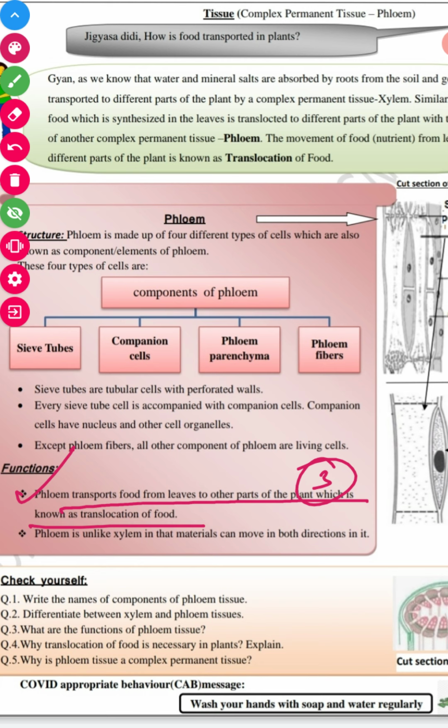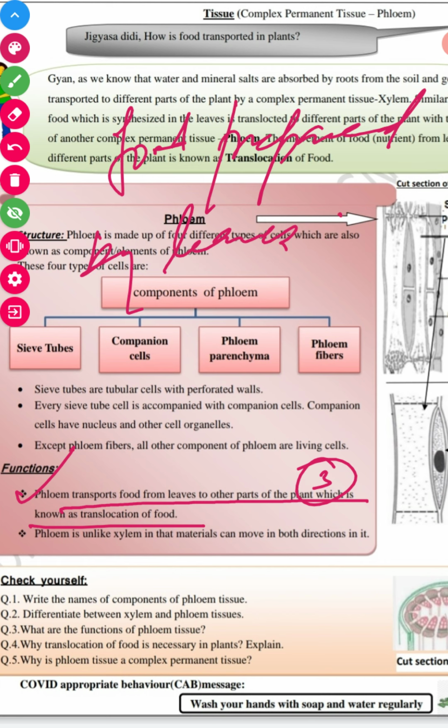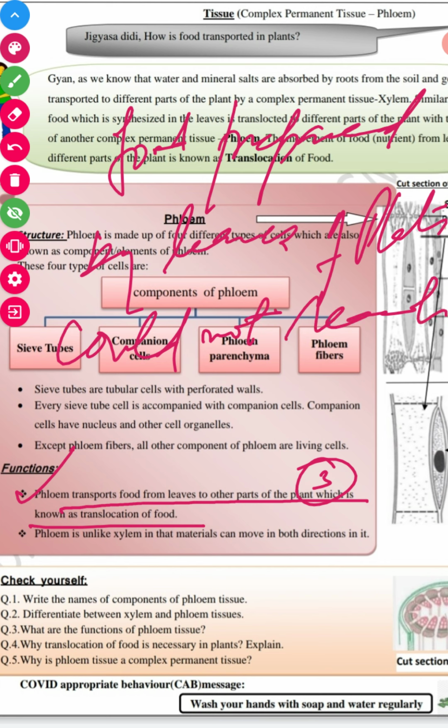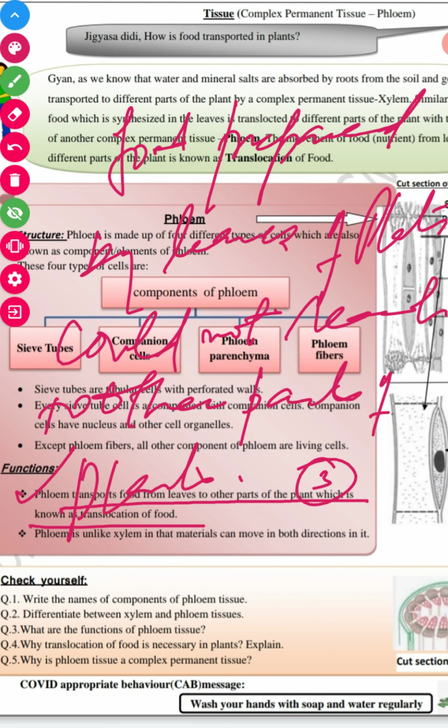So you can write: it is very important as food prepared by leaves of plants could not reach other parts of plant. Okay, so that is why the translocation process is necessary.